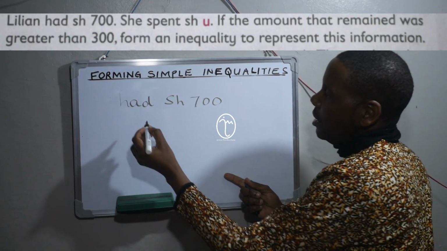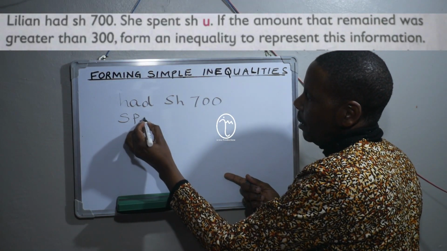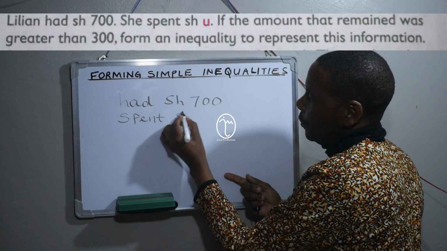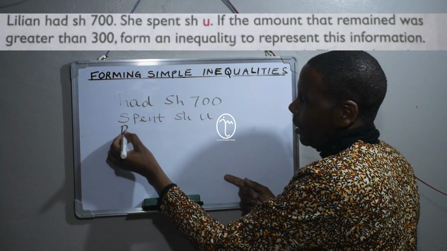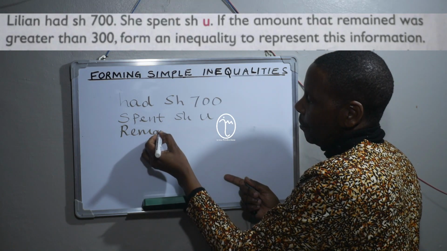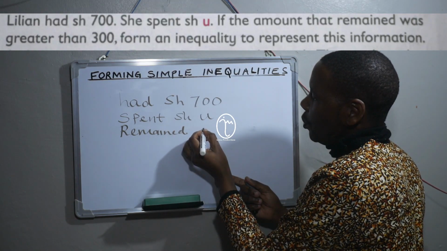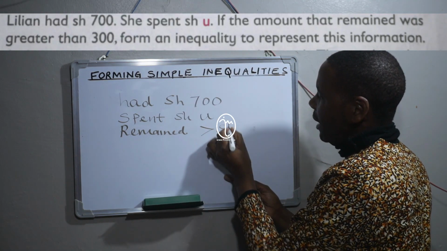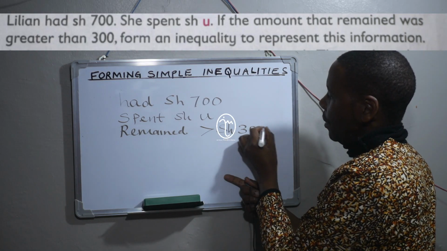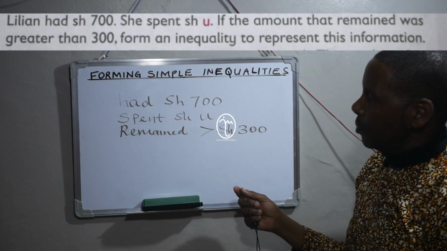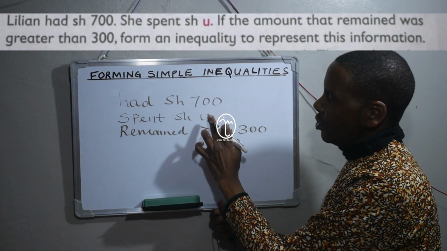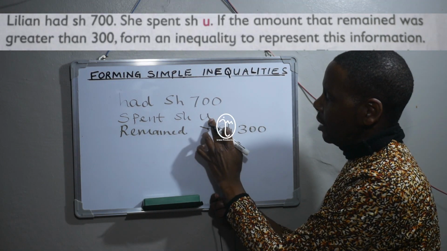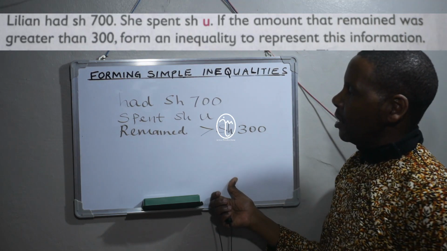Then she spent U shillings. The money she remained with was greater than 300 shillings. She had 700 shillings. She spent U shillings and she remained with 300.